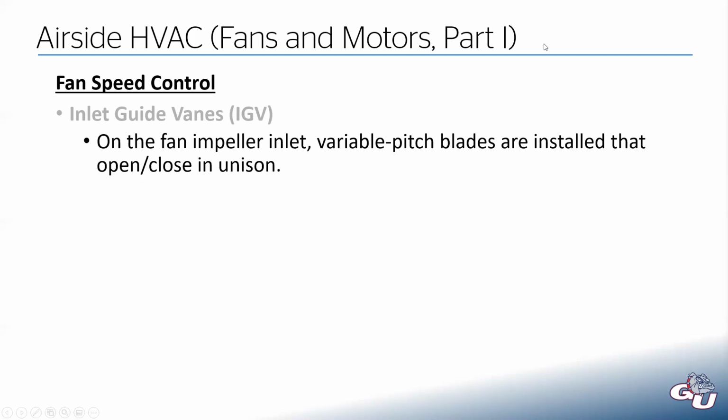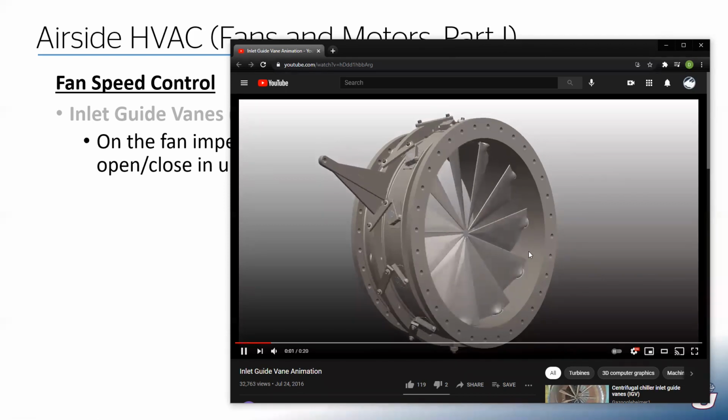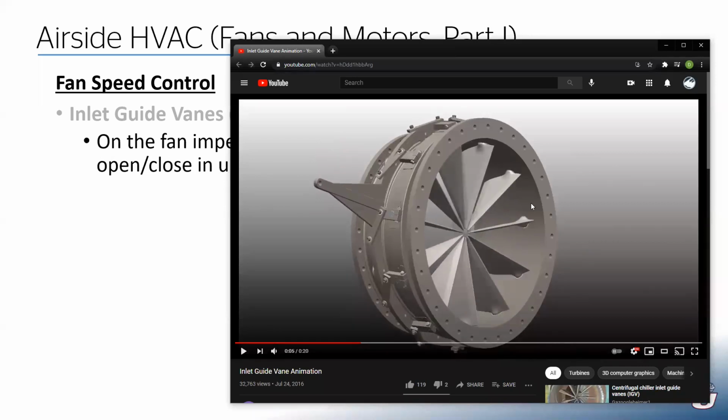So this is what that looks like. So imagine sticking one of these right over the impeller inlet. So this is where the air would be going in. And all of these blades open and close in unison.